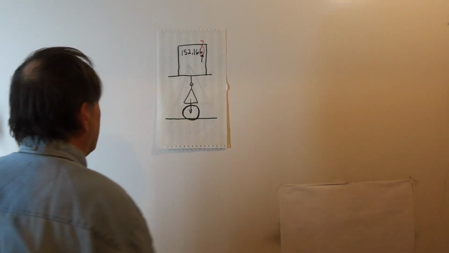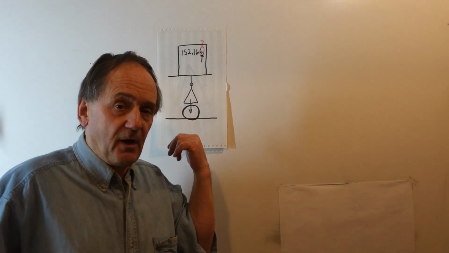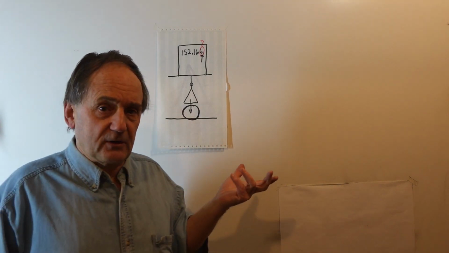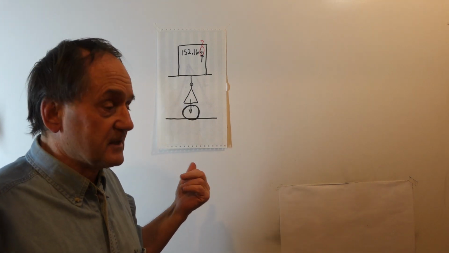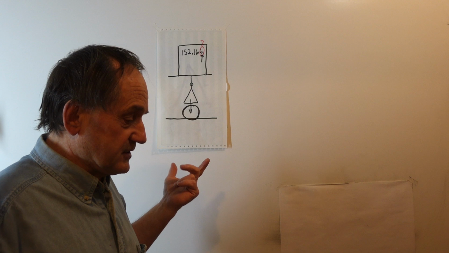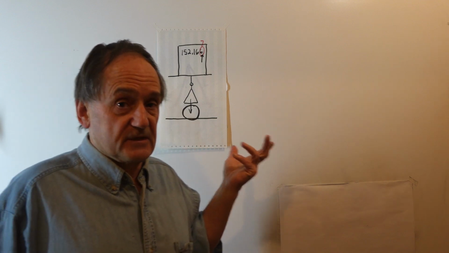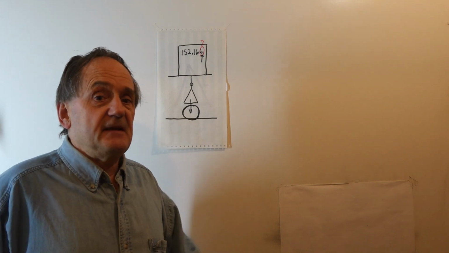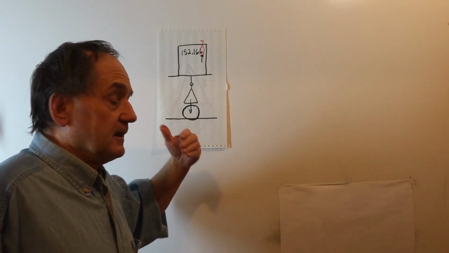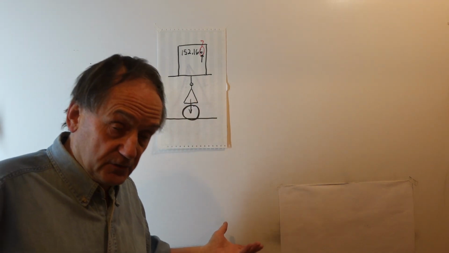About a year ago, when I first saw this, it bothered me, but I never really looked at it seriously. I just did some quick calculations and did some head scratching and said, this just doesn't seem right. And I'm going to give you a very detailed analysis and show you that this video is wrong.